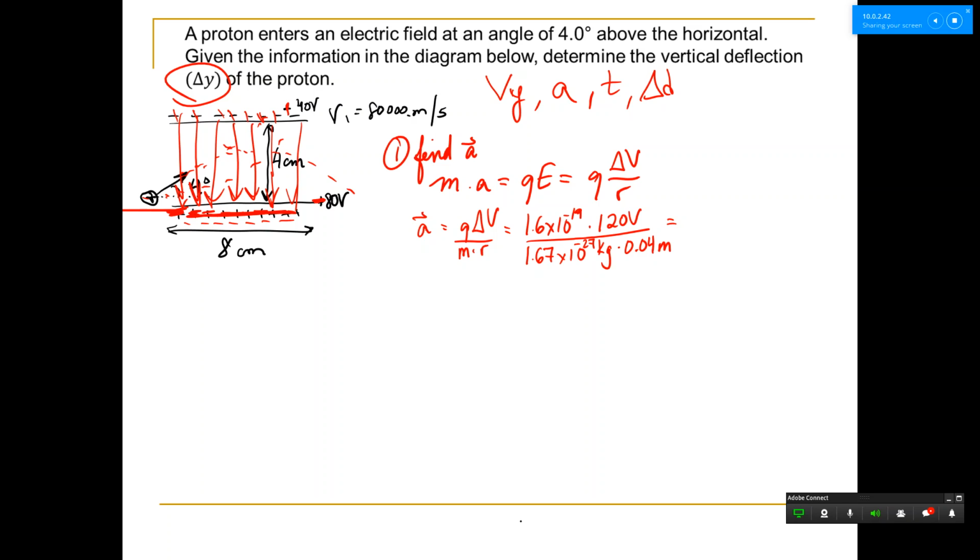You guys know how I got that? That's the difference between 40 and minus 80. So 120 volts. Sorry, I keep going your way.